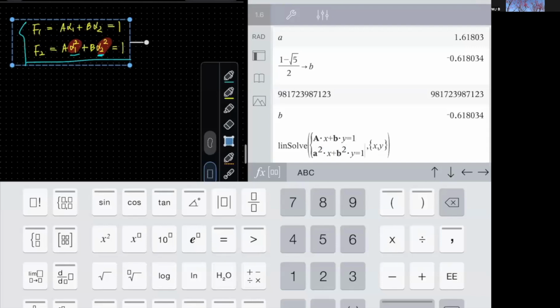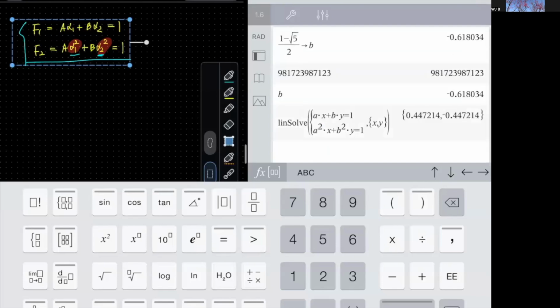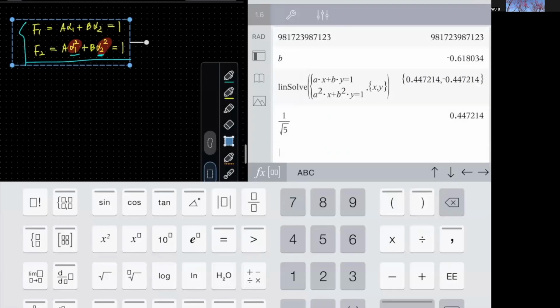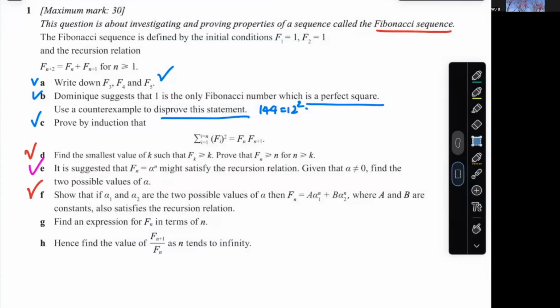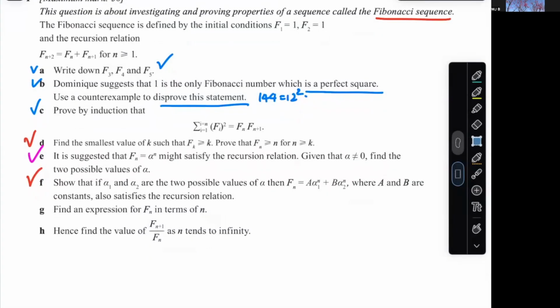If I press enter, I really hope to see 1 over root 5 and negative 1 over root 5. But as you can see, I do not find the exact value because in test mode the calculator would only give you the approximation. So I don't have the perfect 1 over square root of 5, but I still get it anyhow. Very good. But also remember how to store the numbers. So I found the particular solution of the Fibonacci sequence on part G.